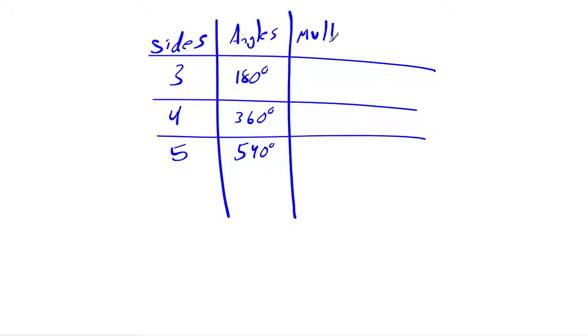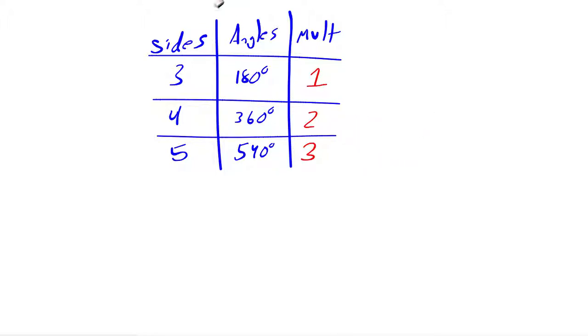So what am I multiplying 180 by? Well, I'm multiplying 180 by 1. Here I'm multiplying 180 by 2. And here I'm multiplying 180 by 3. So is there a pattern that you see? Well, these are all counting up by 1s. So what's the difference between the sides and this last column?